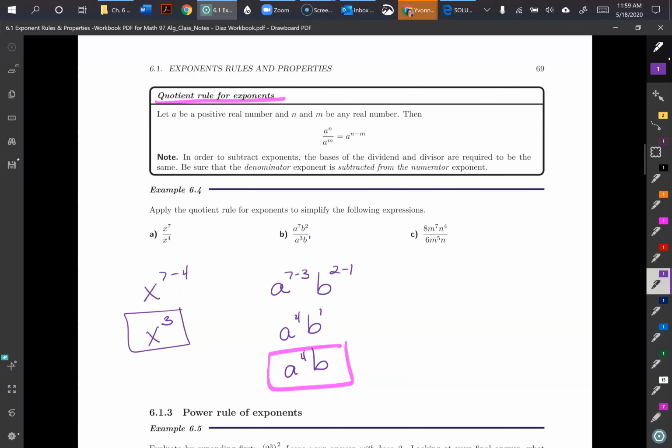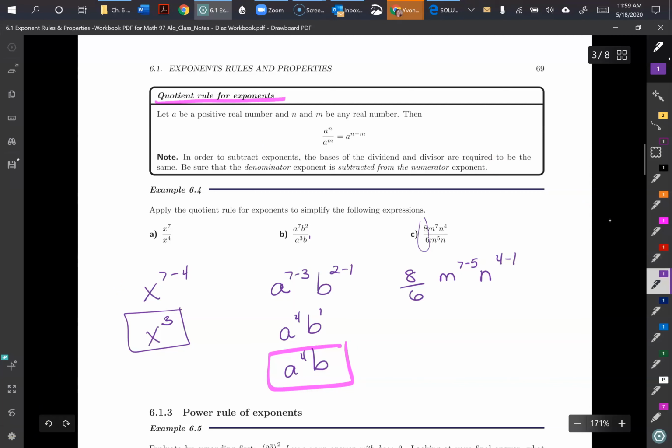Now here, if I have coefficients, it's the same kind of thing. I would separate those out first. So I'm going to leave the 8 over 6 off to the side, and then I can reduce that later. Then I have my m to the 7 minus 5, and my n to the 4 minus 1. Now 8 over 6 would reduce down to 4 thirds, if I divide by 2 over 2, right?